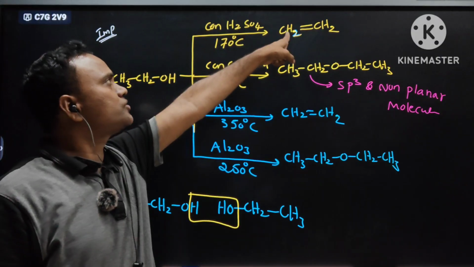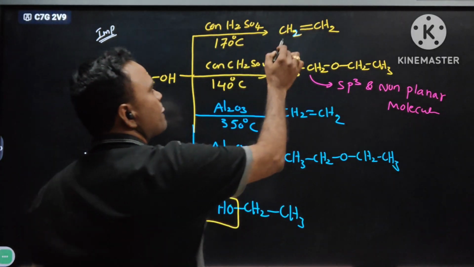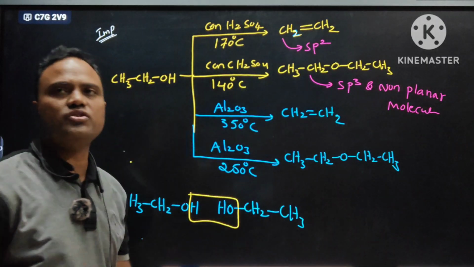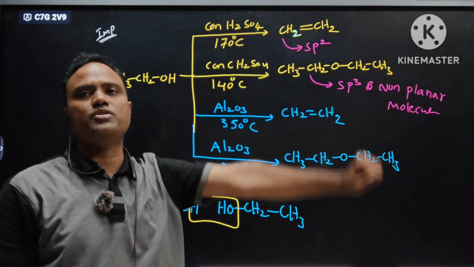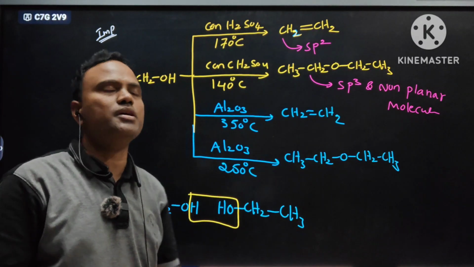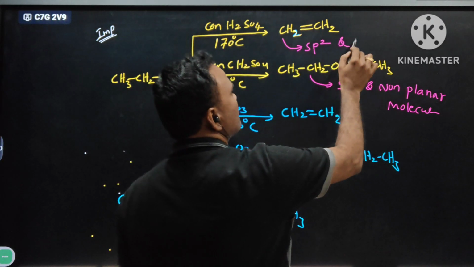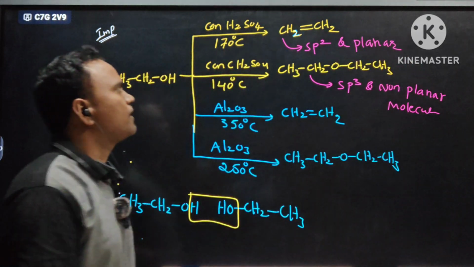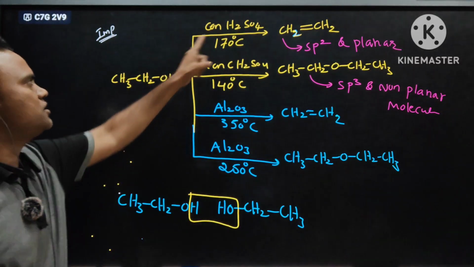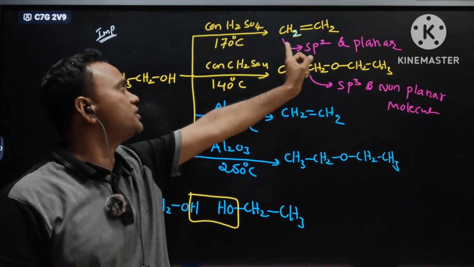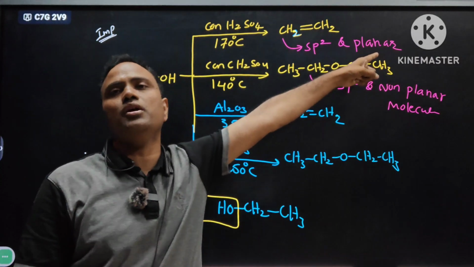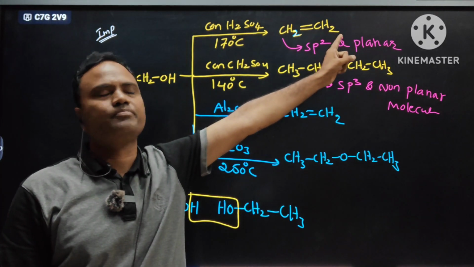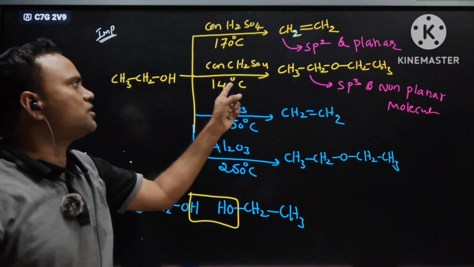Here the hybridization is sp2. This is an additional point I am giving to you. sp2 means trigonal planar geometry, so this is a planar molecule. Sometimes they will ask about the structures of the products. When ethanol is treated with sulfuric acid at 170 degrees centigrade, you get a planar molecule because ethene is planar, with sp2 hybridization.